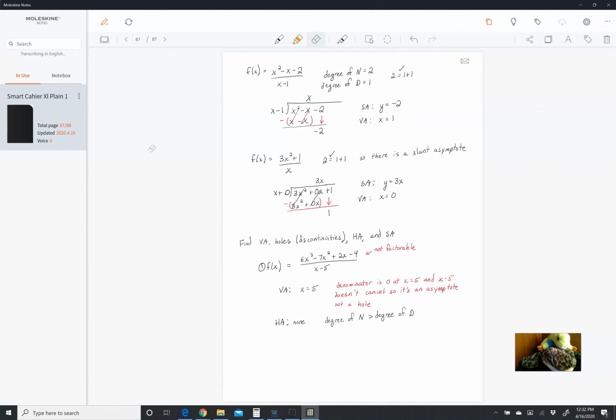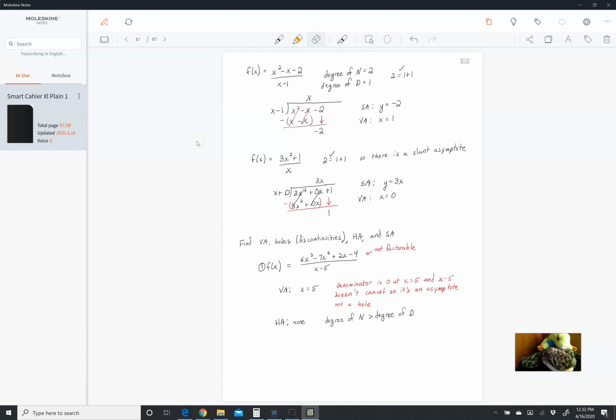There's the possibility where the degree of the numerator is greater than the degree of the denominator, okay? Then there's no asymptote. Where the degree of the numerator is less than the degree of the denominator, in which case the asymptote is 0. Or where they're equal, in which case the asymptote is at y equals the ratio of the leading coefficients.